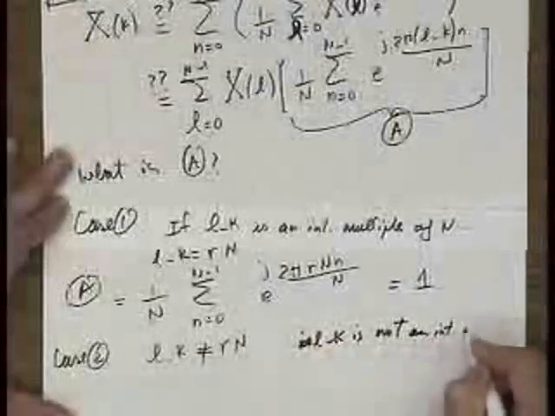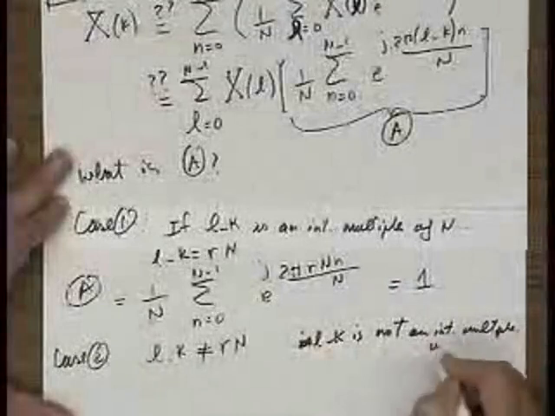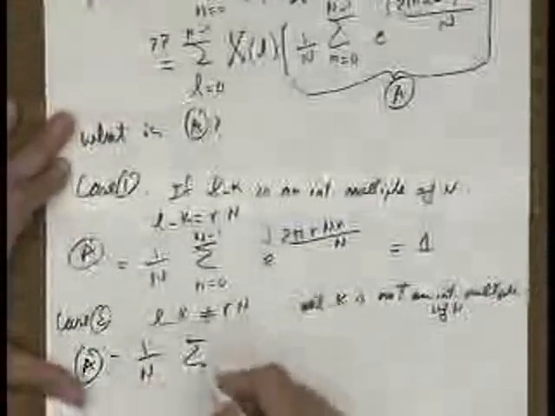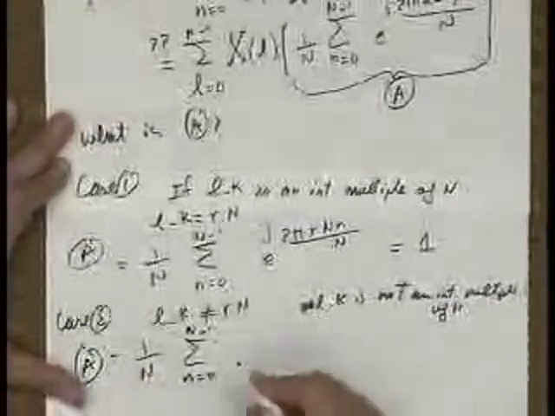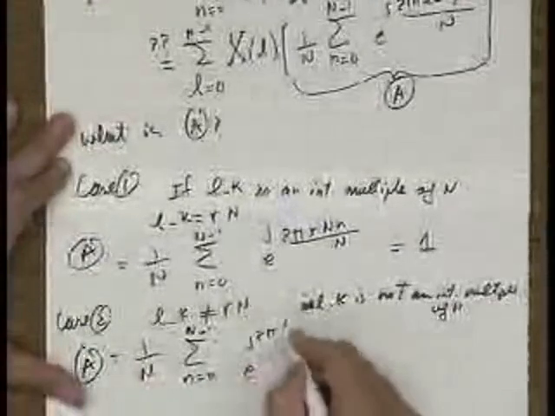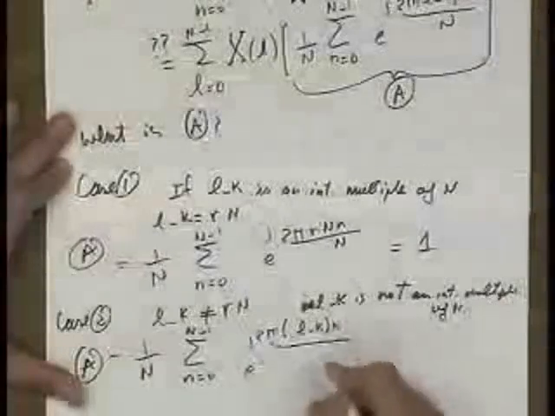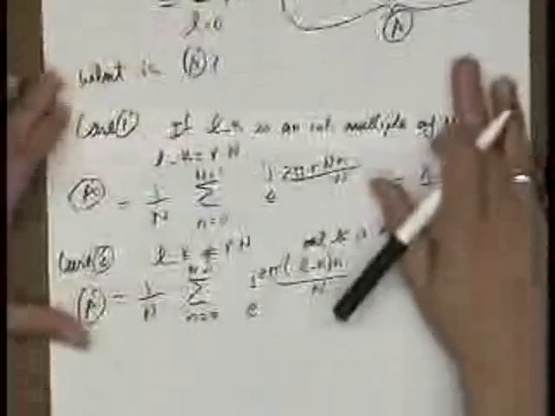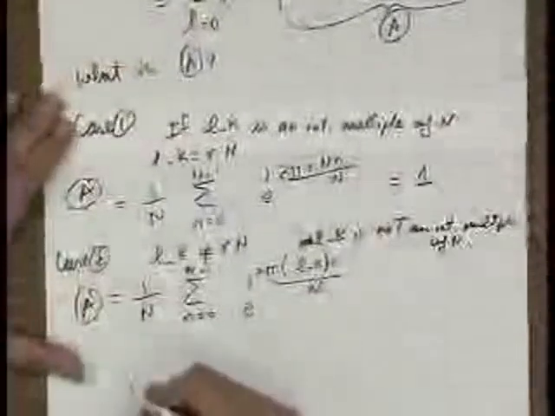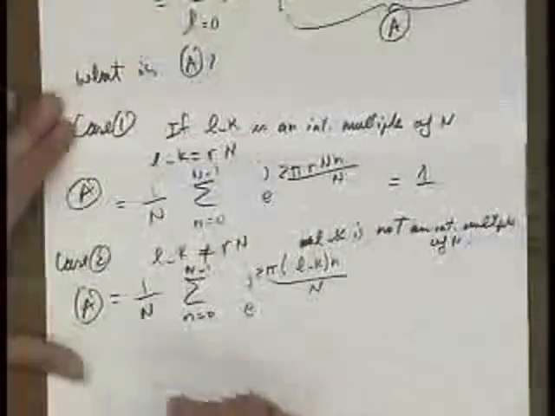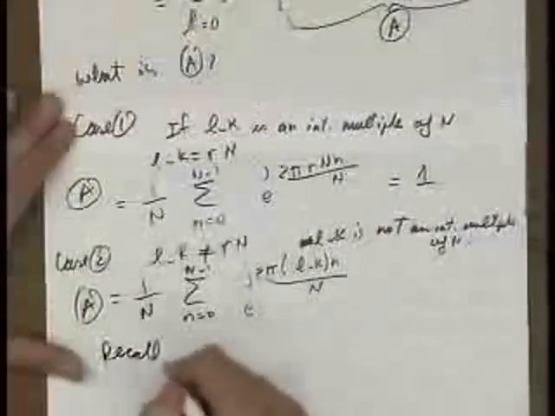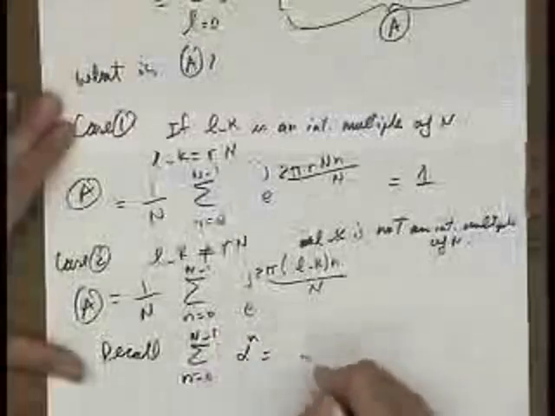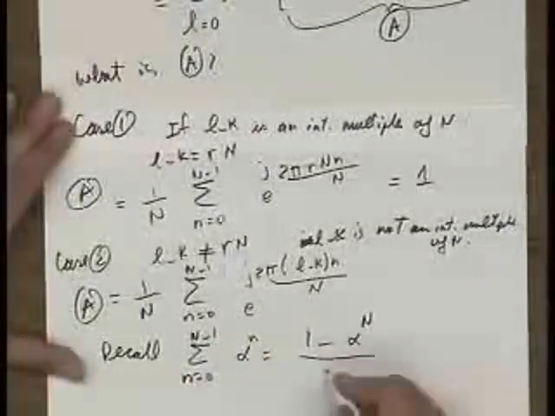In case 2, L minus k is not equal to RN, that means L minus k is not an integer multiple of N. Then this A is 1 over N, summation for n equals 0 to N minus 1 of e to the j 2 pi (L minus k) n over N. And that's a geometric series, and to do a geometric series you have a formula. In particular, recall that if I have summation n equals 0 to N minus 1 of alpha to the n, it's 1 minus alpha to the capital N over 1 minus alpha.